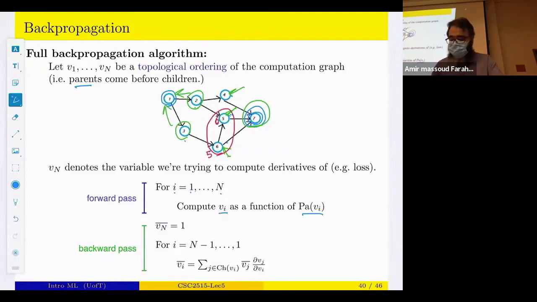And in the backward pass, we start from the end. The derivative of the last node with respect to itself is 1. And then we start from n minus 1 and gradually go to 1.